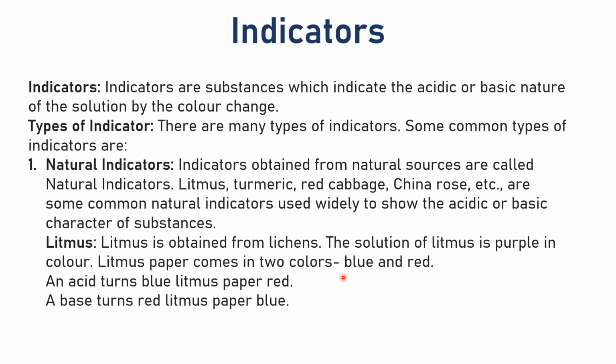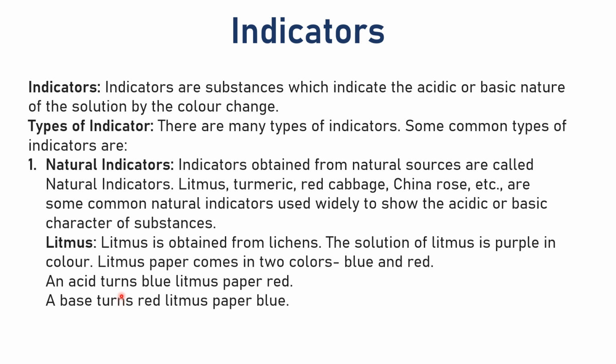So in acids, blue litmus paper turns red, and if you dip red litmus paper, nothing will happen to it. Now in the other test tube, let's say you put a red litmus paper, and if red litmus paper turns blue, that means that is a base.